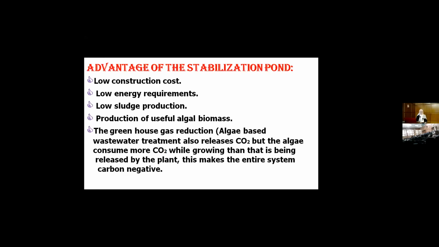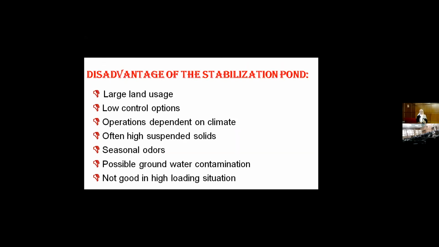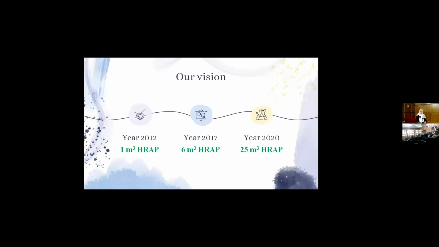So the final result for the entire system is carbon negative. So it is effective, but it has some disadvantages. It needs large land usage, low control options, operation dependent on climate, and some other disadvantages. So our vision is to upgrade this stabilization pond.